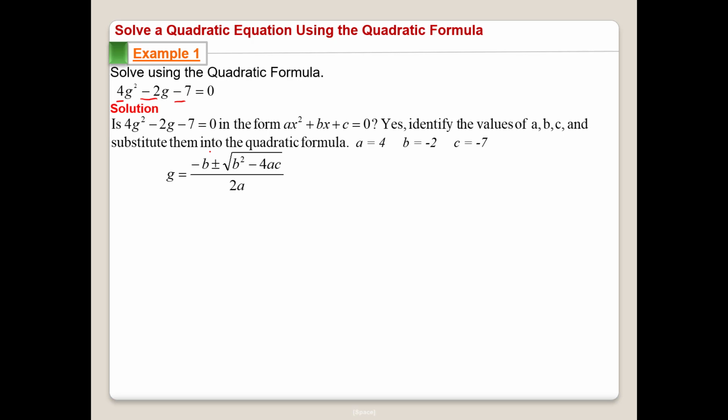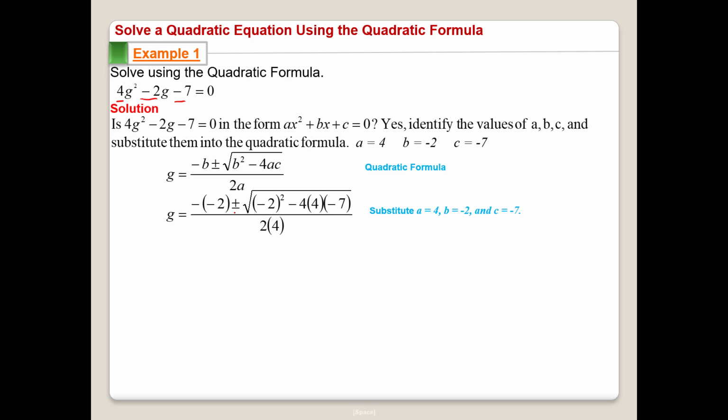Now, instead of putting an x out there, since we're dealing with g in this formula, we can say g equals our setup for the quadratic formula. Now we can substitute in our values of 4, negative 2, and negative 7, and that's what we got written out there.